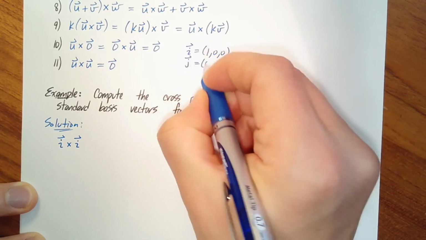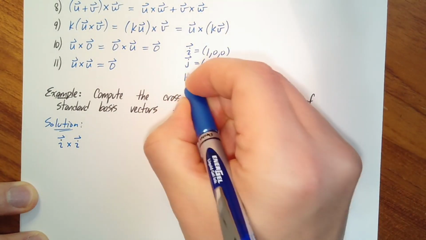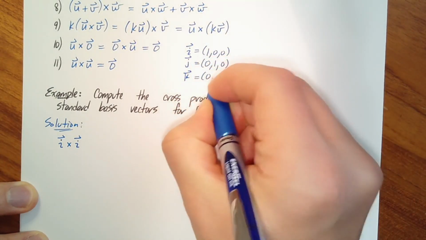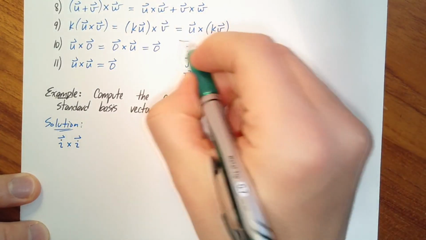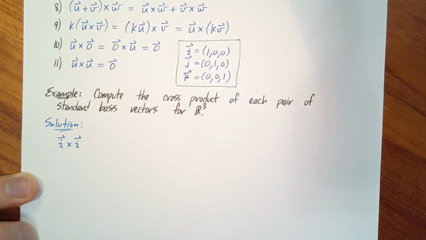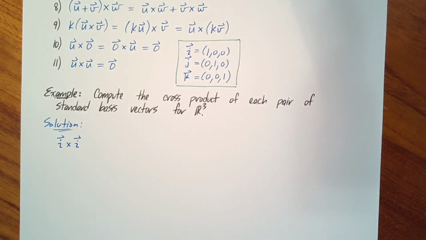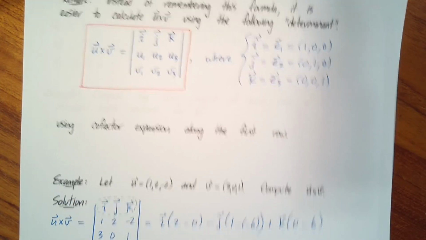J is the vector 0, 1, 0. And K is the vector 0, 0, 1. Just a reminder, I, J, and K are the standard basis vectors that we need to use our memory trick for the cross product in order to use this formula here, because you need to know what those top three vectors are.